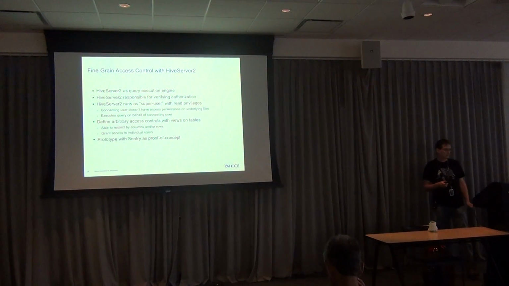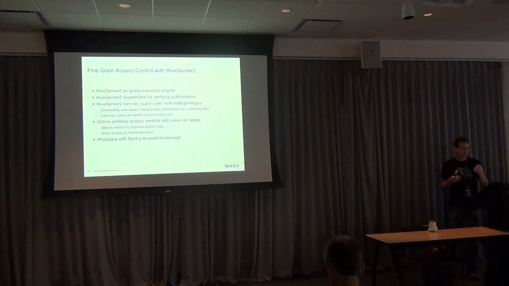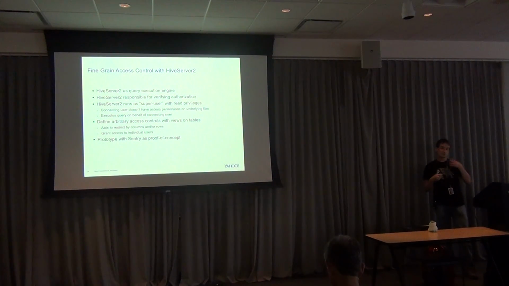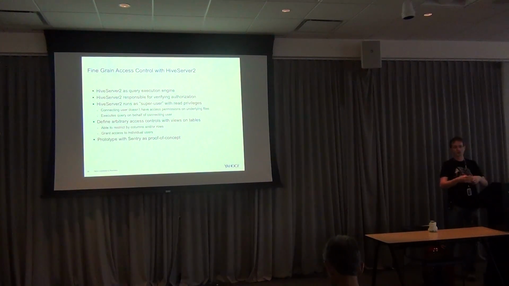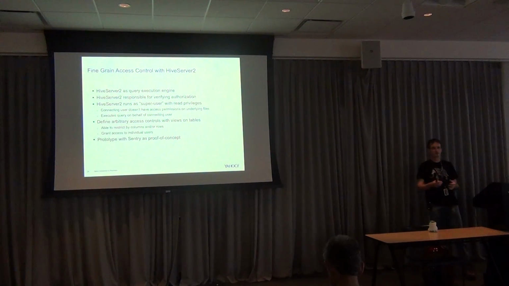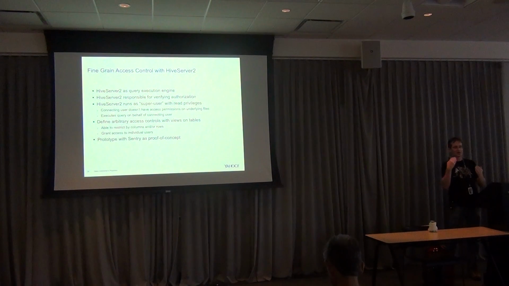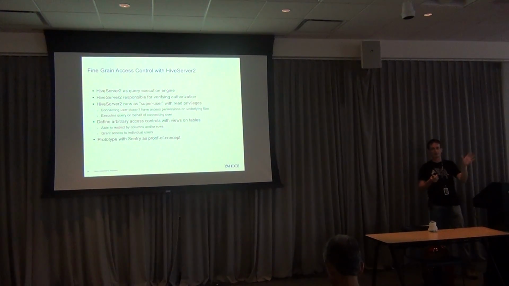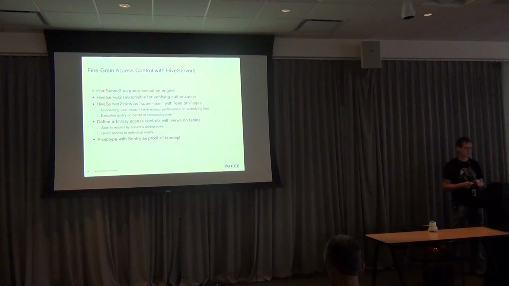Finally, we want to be able to define arbitrary access controls, again, using views. So given a particular type of table, we can create an arbitrary number of views which restrict access to a particular set of columns or a combination of columns and rows or just rows.